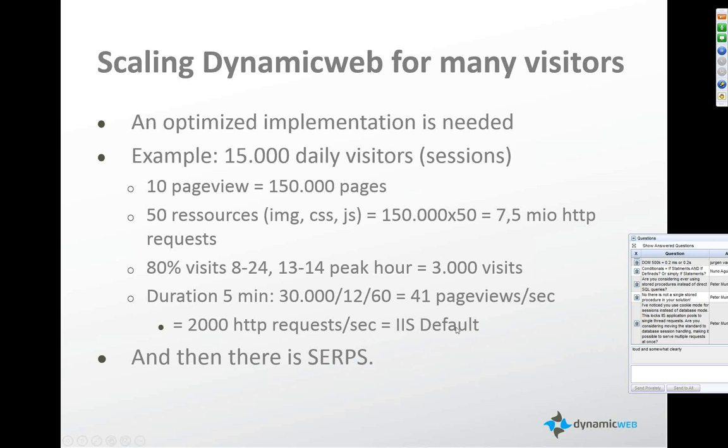I think some of the newer servers have a little higher, but at this point we're going to run into problems on IIS if we don't do anything. And of course these requests also depend on how much time we spend delivering these 30,000 pages. If we take 1 second on each page, we're going to take up these HTTP requests for a longer time than if we only take up 1/4 of a second.